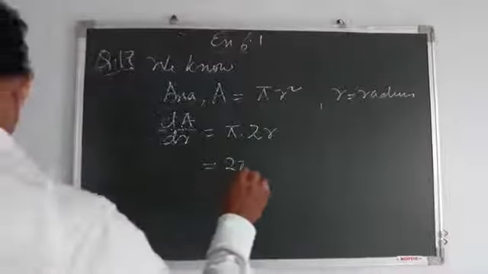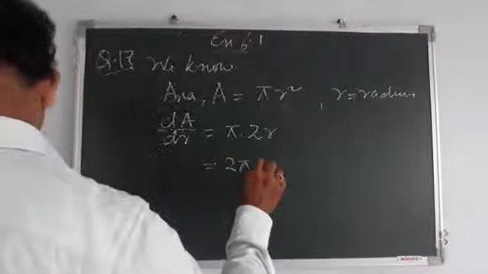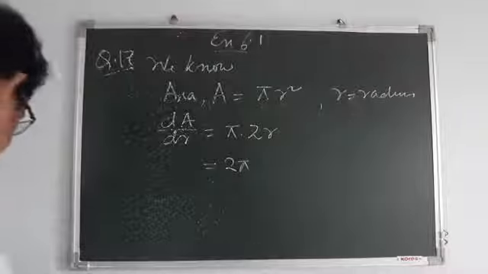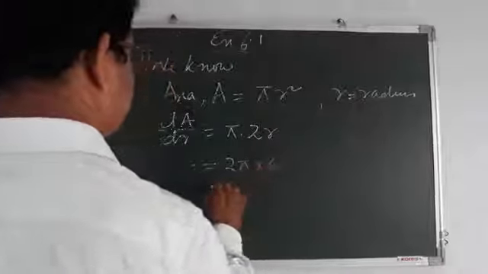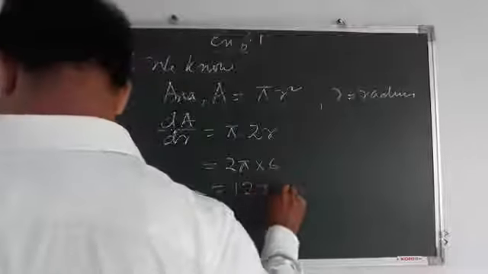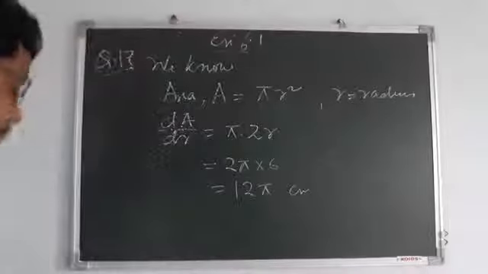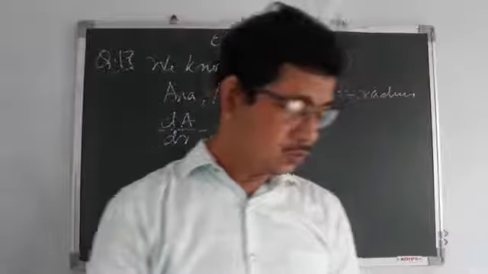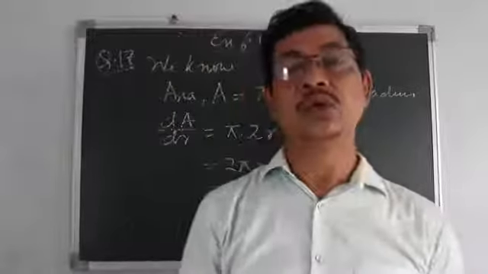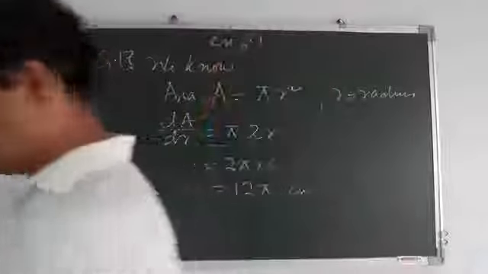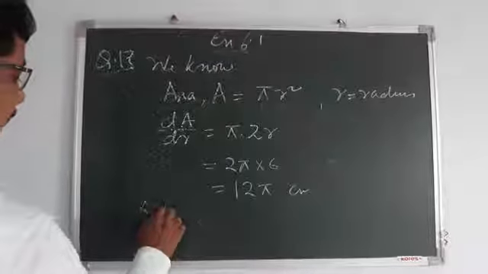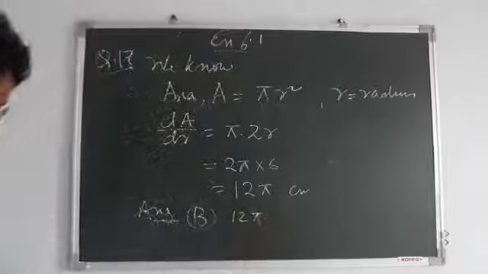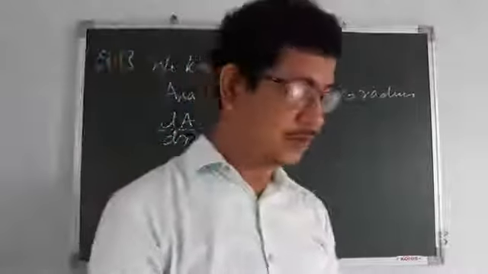They have said r is given as 6. So if we put 6, it will be 12π. Of course, its unit will be centimeter. Now see, out of these so many options, we found option B, that is 12π, is our correct answer. So this is our question number 17.